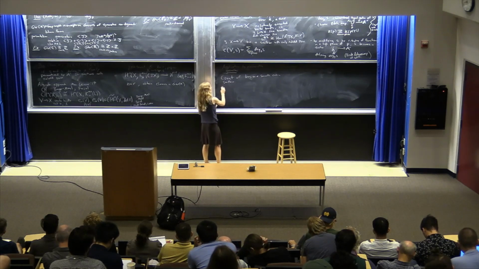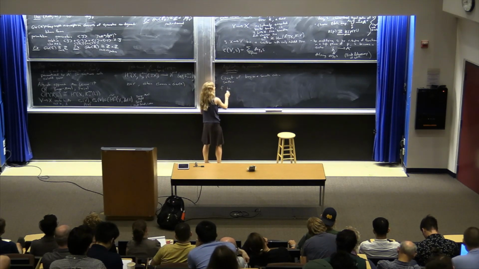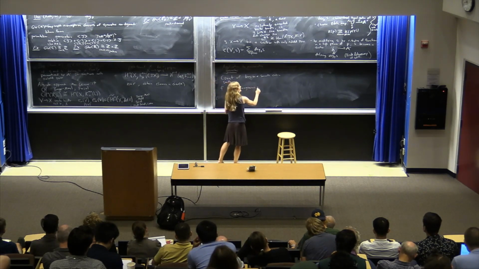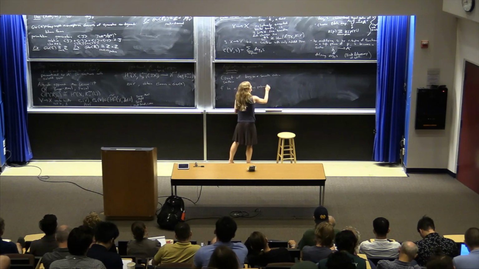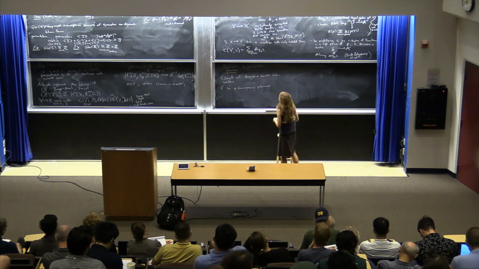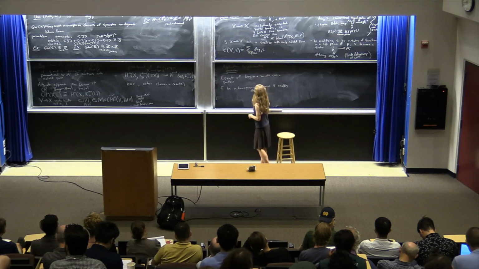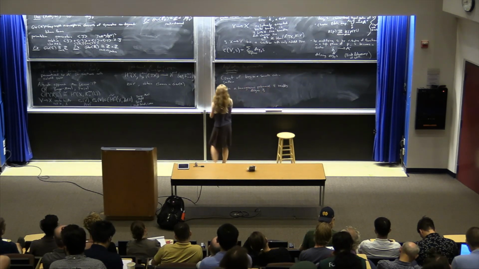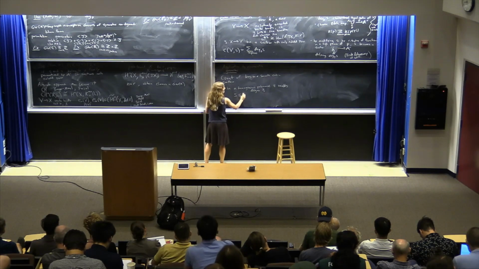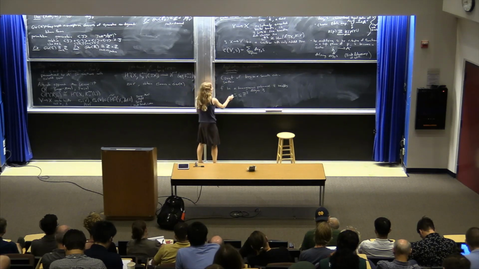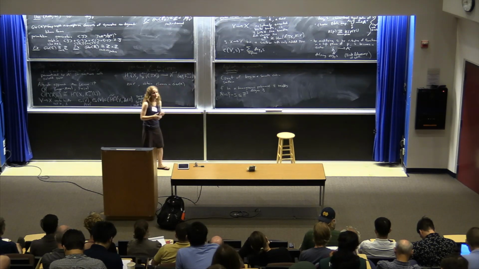So let's let F be a homogeneous polynomial in 4 variables of degree 3. And let's look inside P3. Let's look at the locus where F is equal to 0.